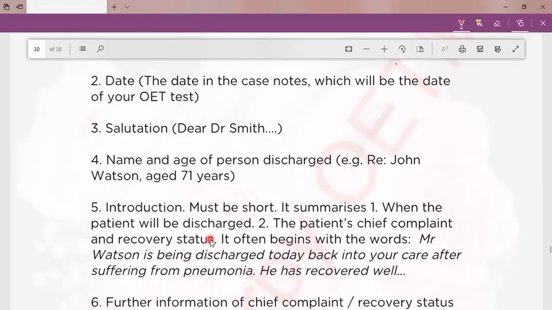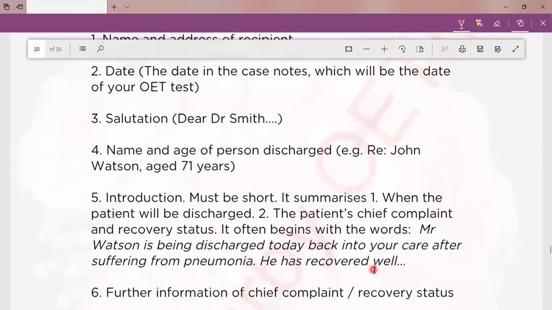The patient, or she, was admitted for, or she has been diagnosed with the disease. Full stop. Your further care would be highly appreciated, or your further management would be highly appreciated.